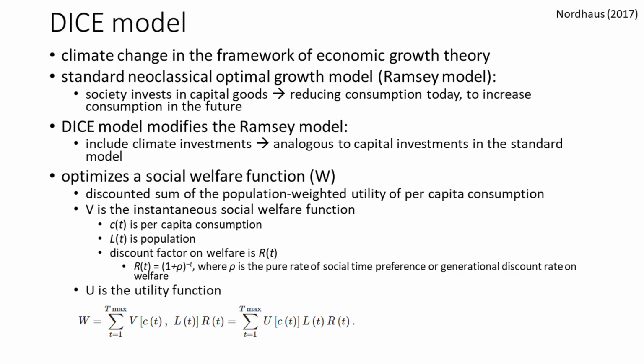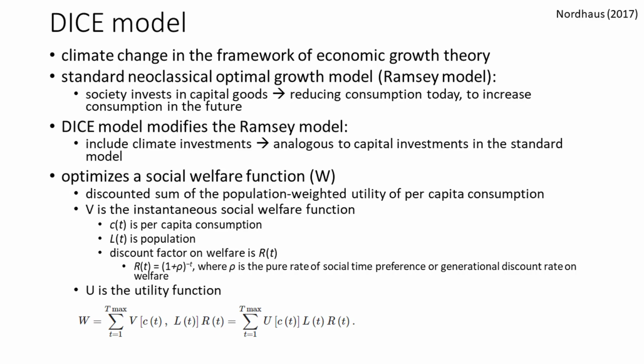Practically what we can say here is that they are taking a neoclassical optimal growth model, the Ramsey model, and then they just add this loss function to it. So they can say, okay, let's include time investments, and it will still be used as a capital investment. Also, what they are trying to do here is to optimize a social welfare function.